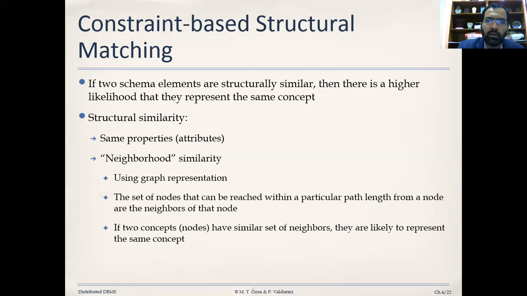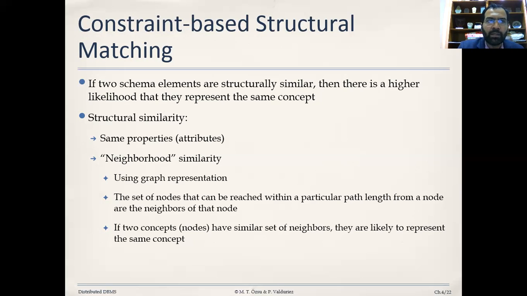If you have studied graph theory, the set of nodes that can be reached. For example, if there is a node E and there is a node A, and E is reached through A by various nodes, then you can say they are connected. So if two nodes have a similar set of neighbors, then they are likely to represent the same concept. This is the approach we use in the networks.